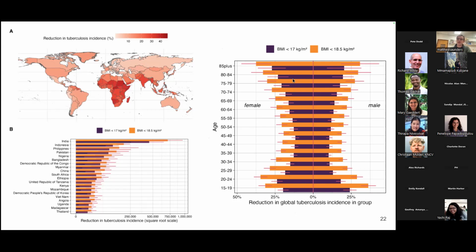Nevertheless, despite higher proportional reductions, the highest absolute reductions could be achieved by reducing undernutrition in men because men account for a much higher number of TB episodes every year.